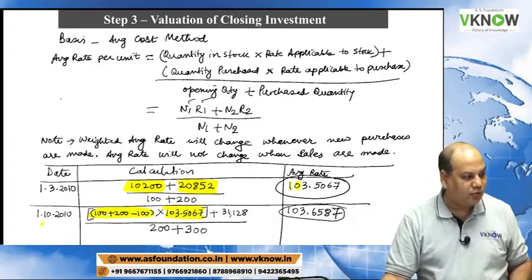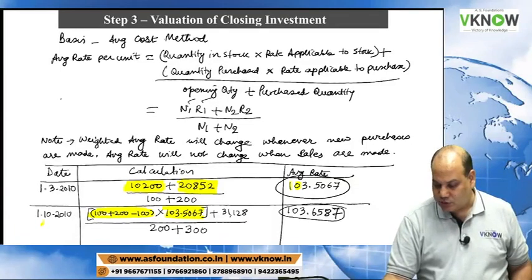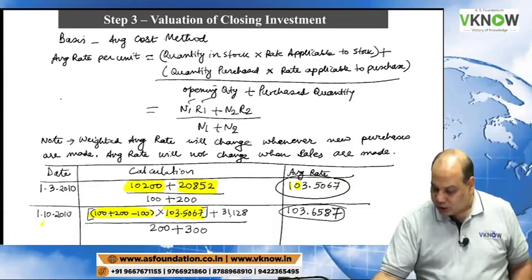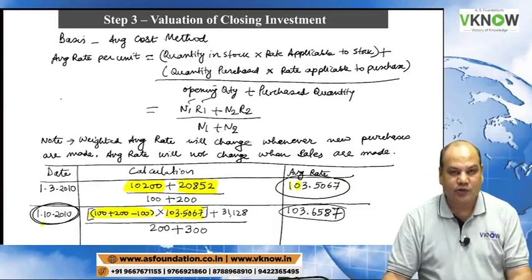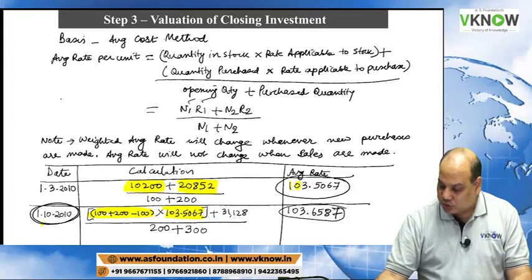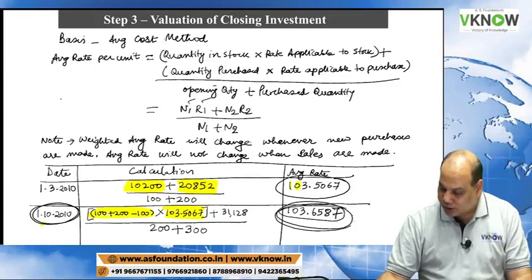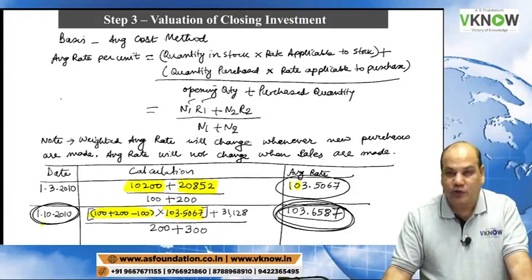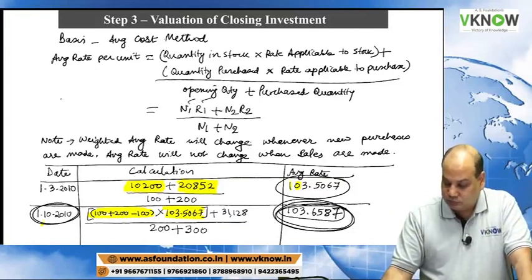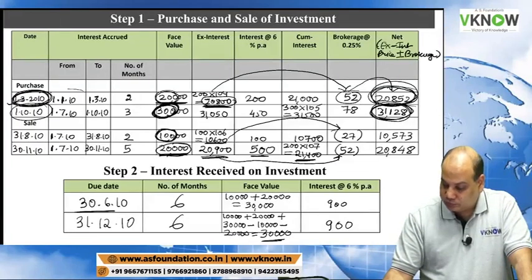You can try it as homework. So what we have calculated is only the rate. After 1st October, there were no fresh purchases, so your average cost till the end of the year will remain 103.6587. Is it right now?